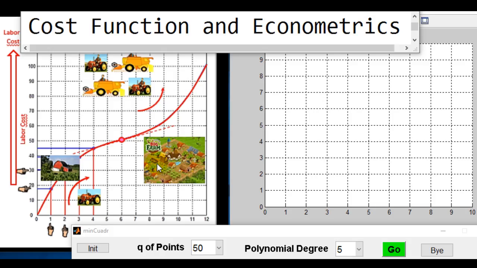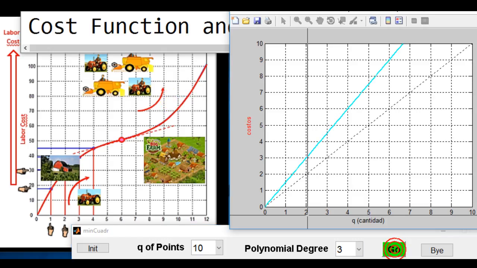In previous videos we have seen that we can approximate the cost function by a polynomial of degree 3, and let's assume that we have 10 points of this curve for, let's say, the small company.